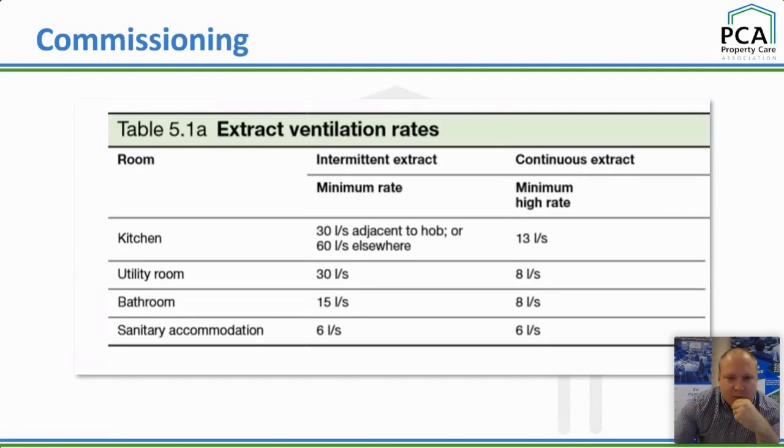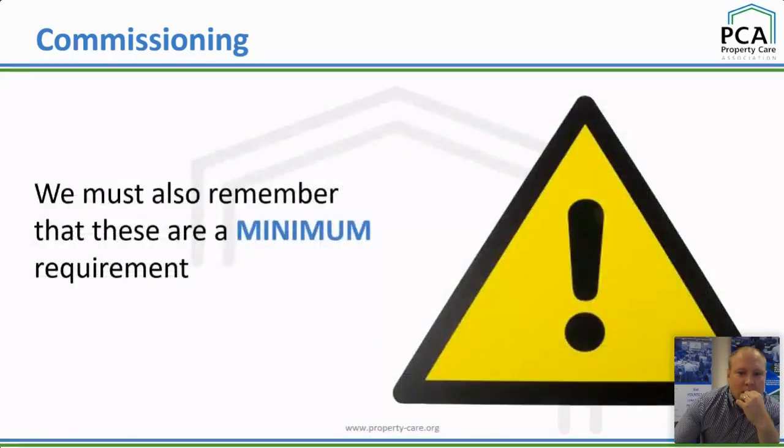So back to ventilation rates. So every install, you need to be testing to make sure that what you're getting complies with the building regs. And these are the rates. So you can see, for a kitchen, it is 30 litres, where adjacent bathroom, 15, are probably your 2 most common ones. One thing I'm keen to try and stress here as well is that they're minimums.